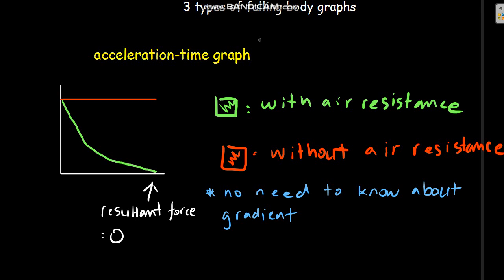But you should know that with air resistance, let's say a car or a box is moving and there's a force applied here and it's moving forward, and then when it stops, it means that the force applied is being resisted by another force in the opposite direction, making the resultant force 0.